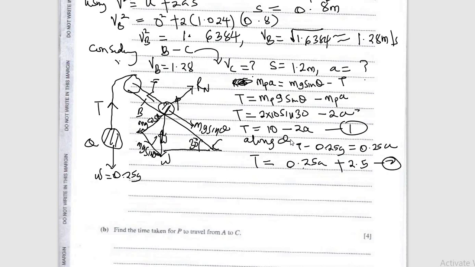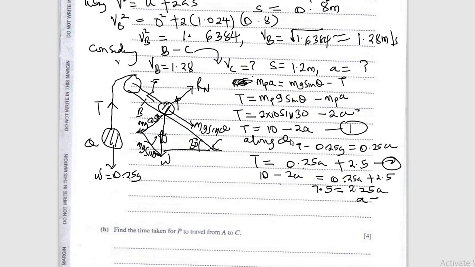When you equate both of them, equation 1 and 2, I have 10 minus 2A equal to 0.25A plus 2.5. So 10 minus, collect the like terms, 2.5, I have 7.5. 7.5 equal to 2.25A.